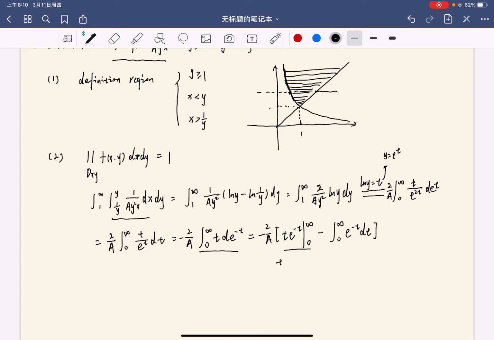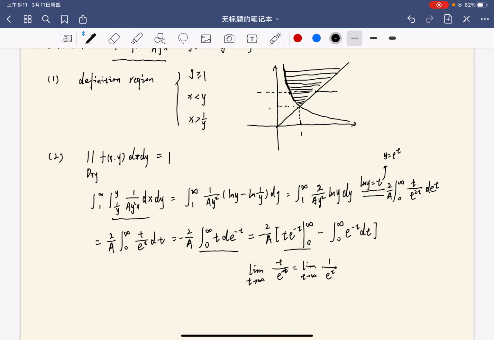It is t divided by e to the power of t as t approaches infinity. We calculate the derivative of both the upper side and the lower side, which equals 1 divided by e to the power of t.